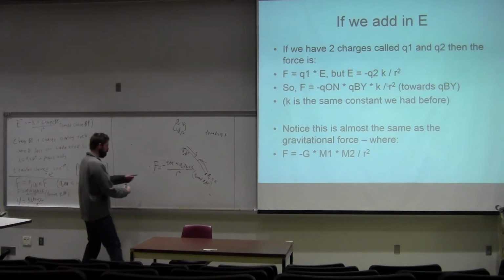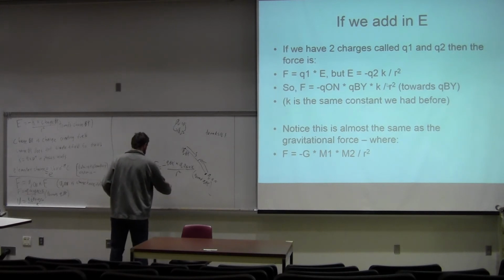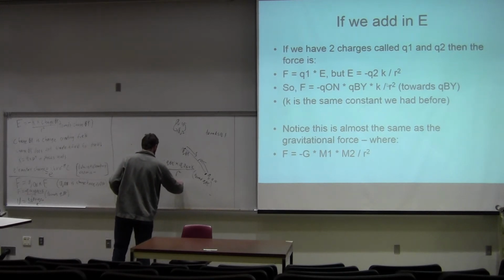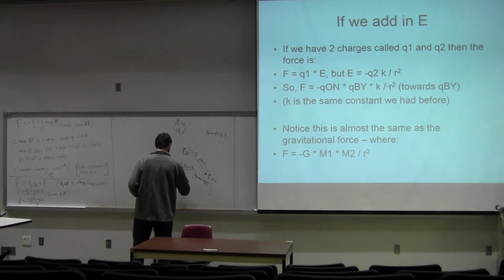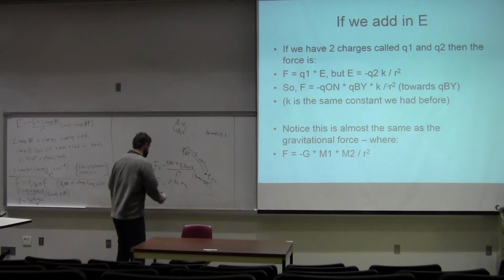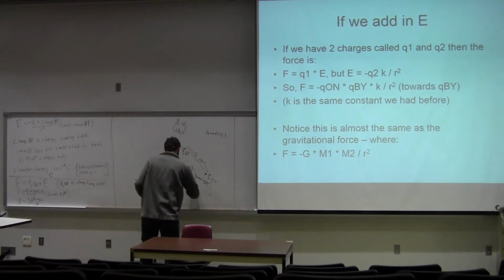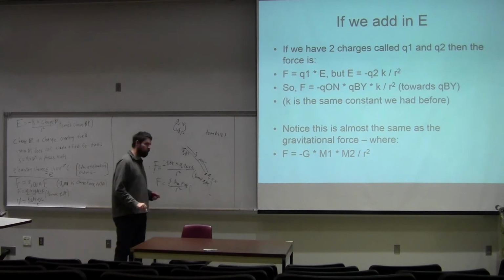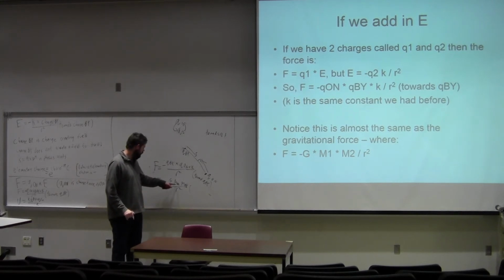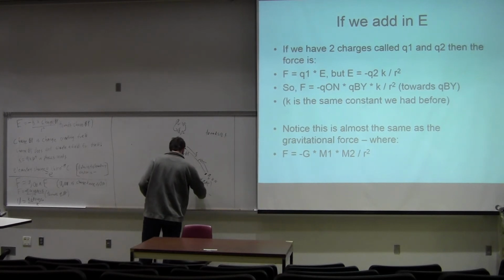And this one very much looks like the gravitational one, where it equals G M1 M2, where G is K, divided by R squared, and sorry, M on, let's use the same, M by. So if I'm being pulled to the center of Earth, I'm M on, Earth is M by, and it's towards M by.